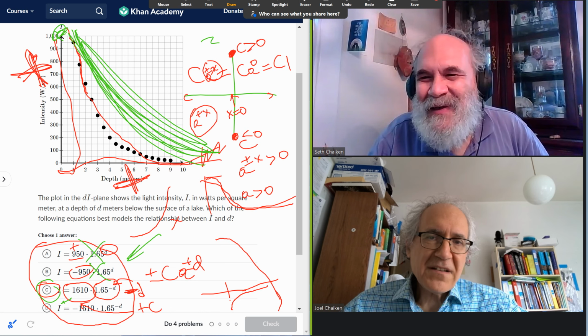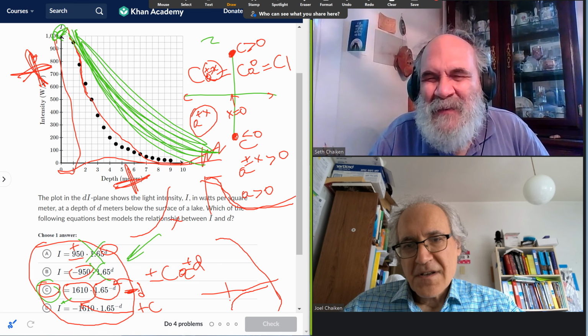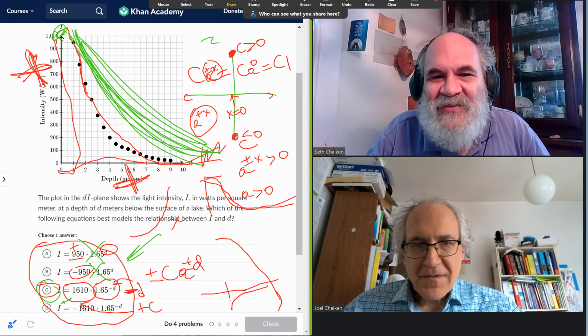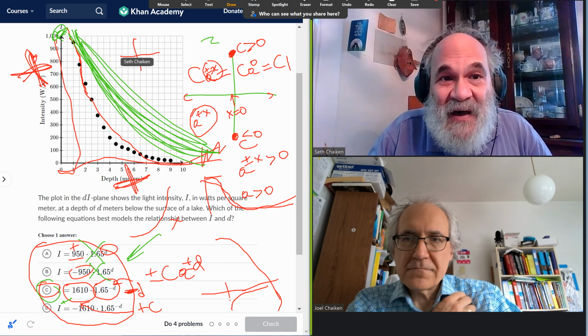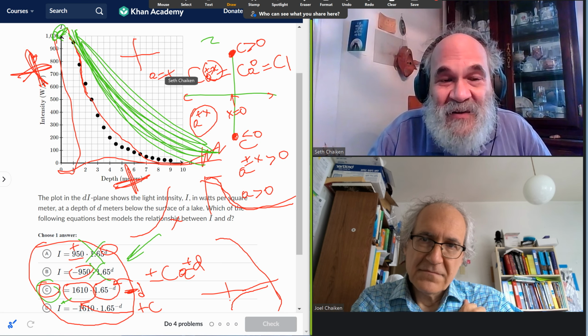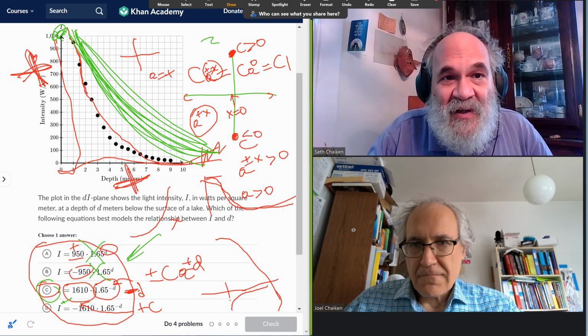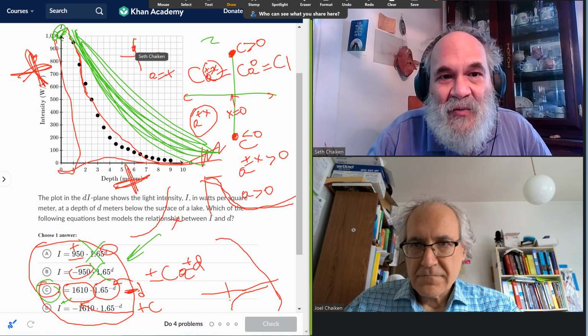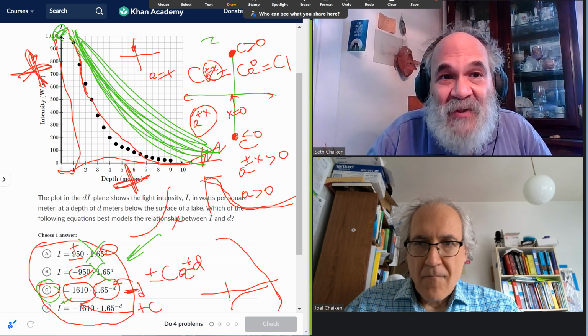Let's see the difference. A is positive. It starts here. When the constant multiplying the exponent is positive, a to the cx, what we have is exponential growth.